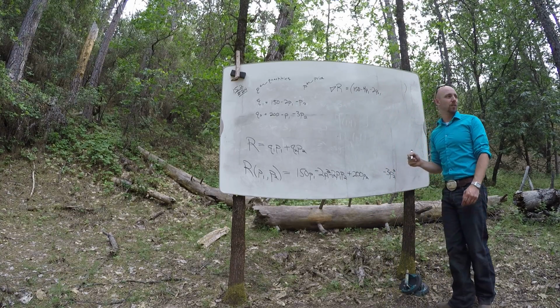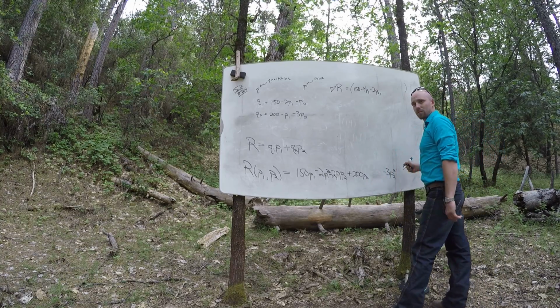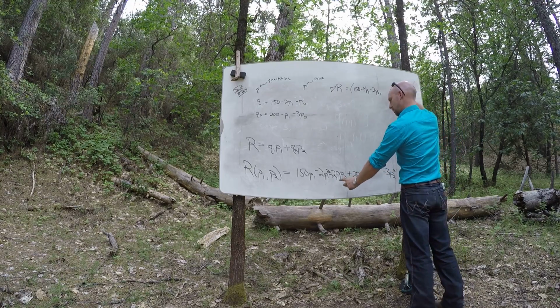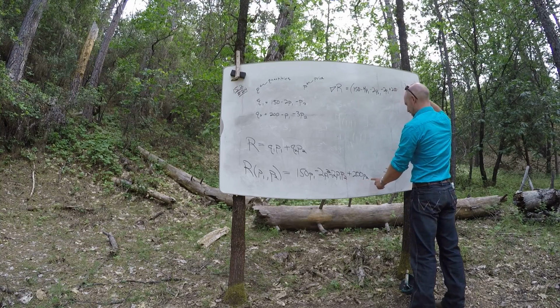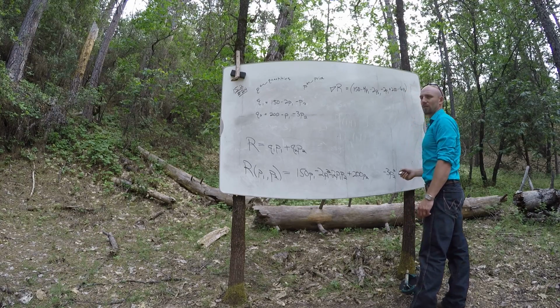And then the other partial is negative 2 P1 plus 200 minus 6 P2. Okay. Then what?